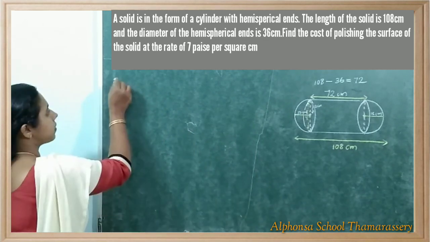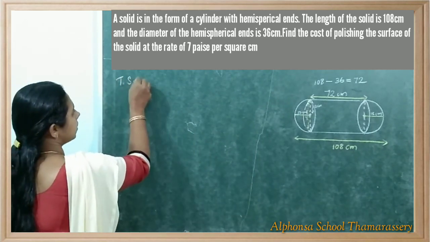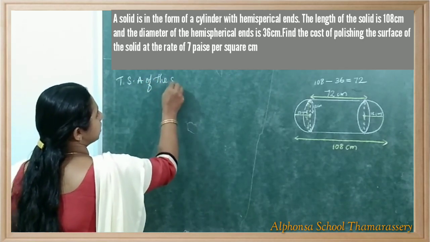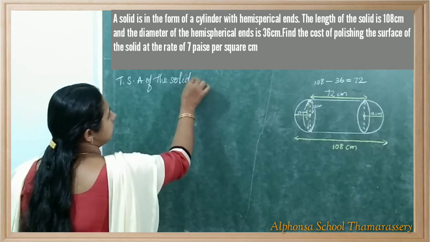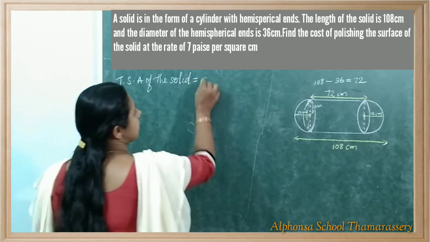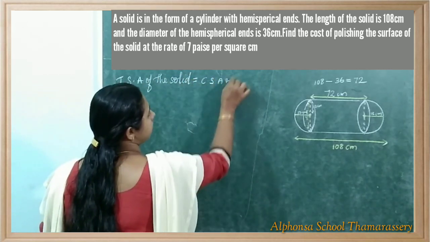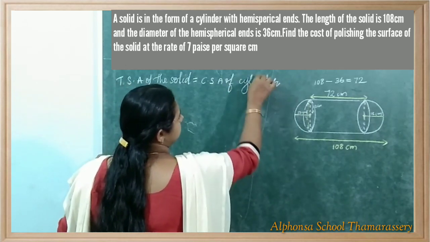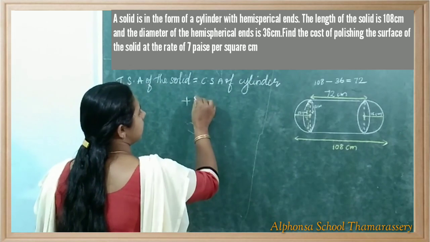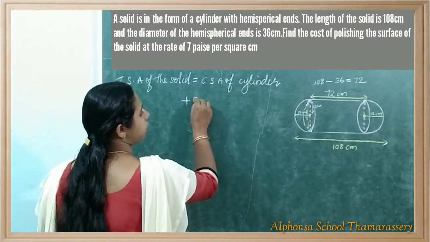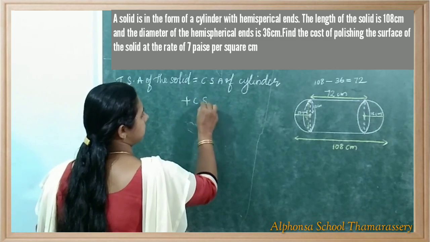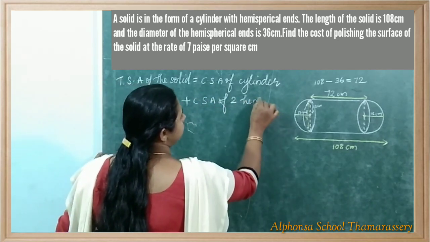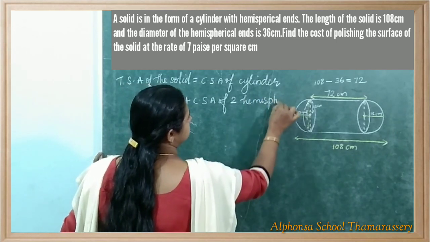So total surface area of the solid is equal to curved surface area of cylinder plus curved surface area of two hemispheres.